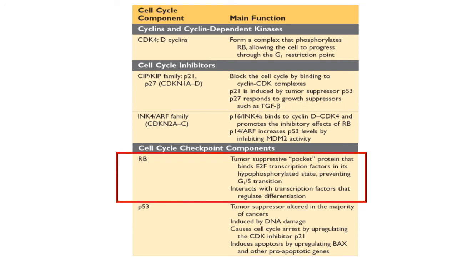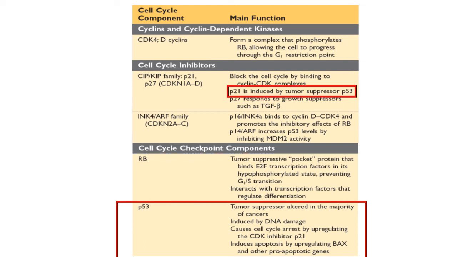It interacts with transcription factors that regulate differentiation, while P53 is another tumor suppressor that is altered in the majority of cancers. It is induced by DNA damage, causes cell cycle arrest by regulating the CDK inhibitor P21, and induces apoptosis by upregulating BAX and other pro-apoptotic genes.